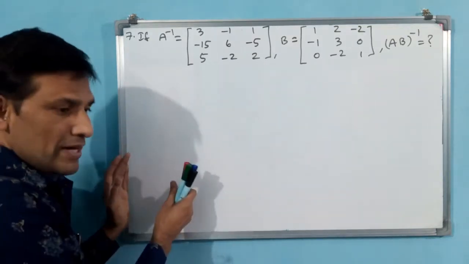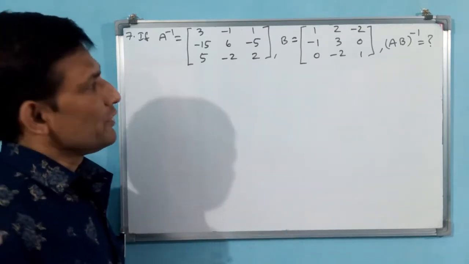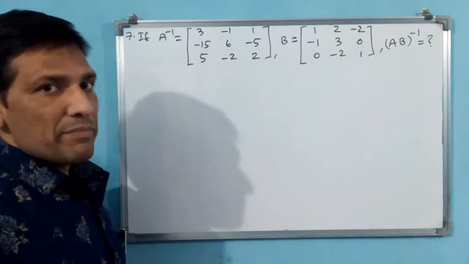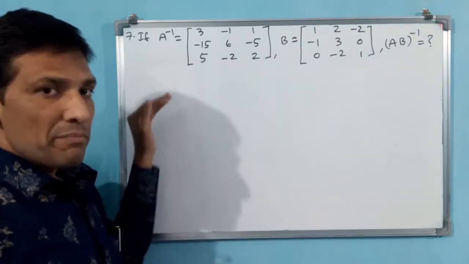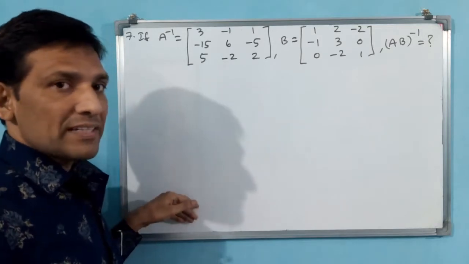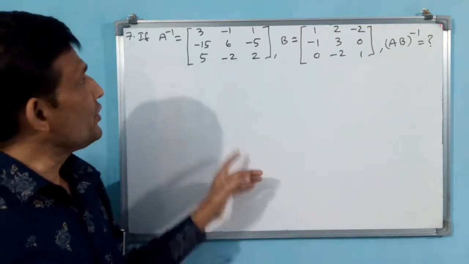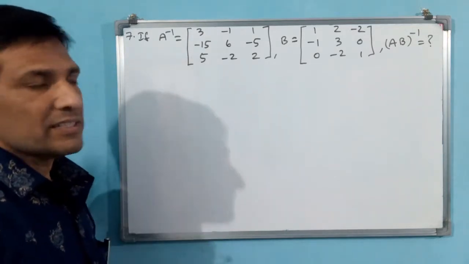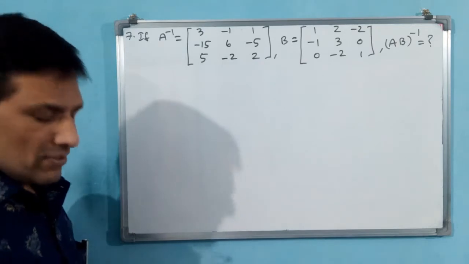First you have to write B inverse and A inverse, you have to multiply both. Then the answer is going to come. Let us find B inverse. How to find B inverse? B determinant, B minors, B cofactors, then B adjoint, then B inverse. B inverse into A inverse. A inverse is already readily available. Let us find. Okay, not complex, easy only.